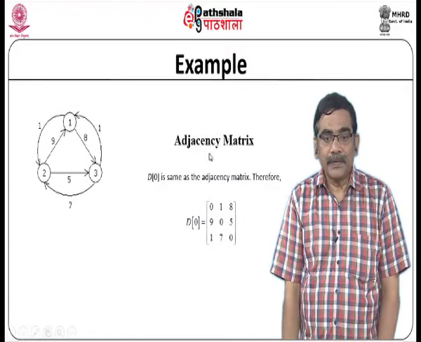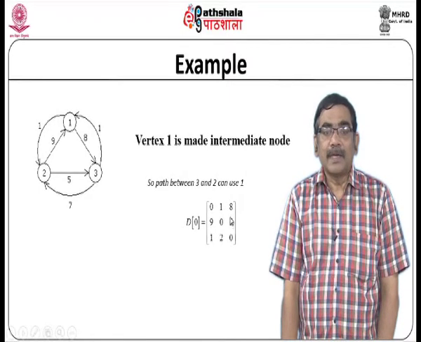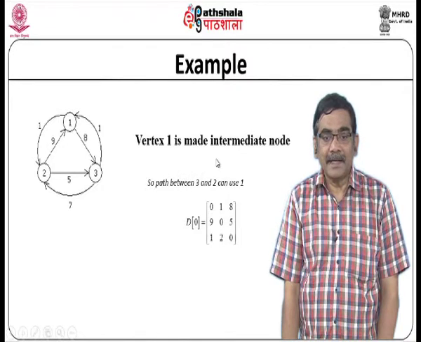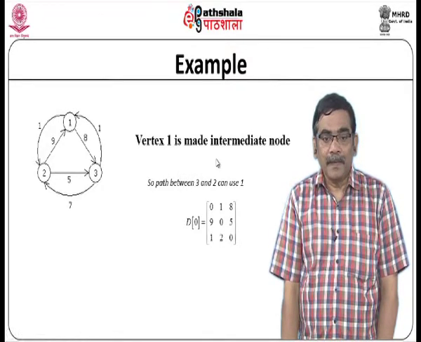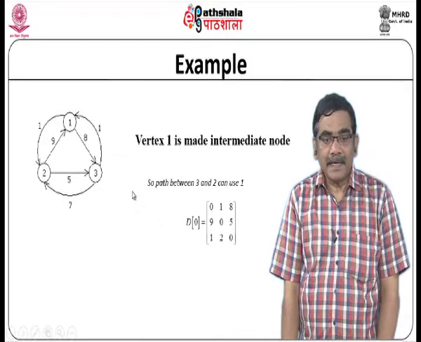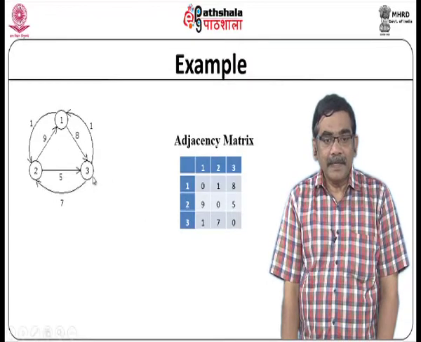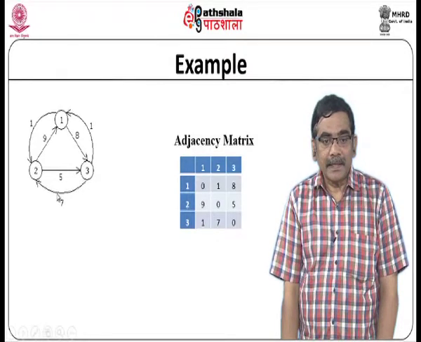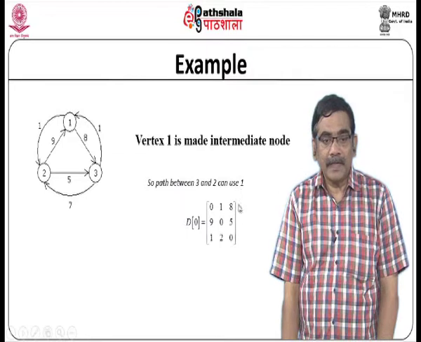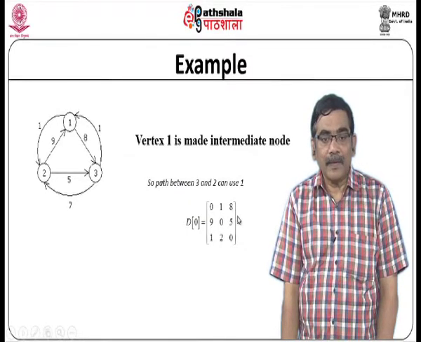So D0 is your adjacency matrix, and now vertex 1 is made an intermediate node. You can see that the path between 3 and 2 is now refined, because it can now use 1.